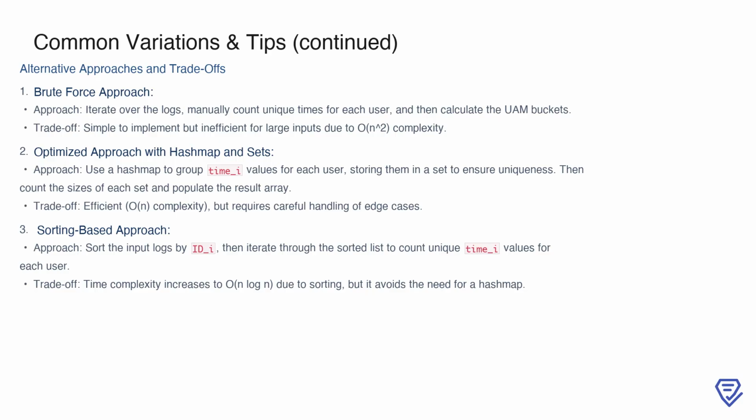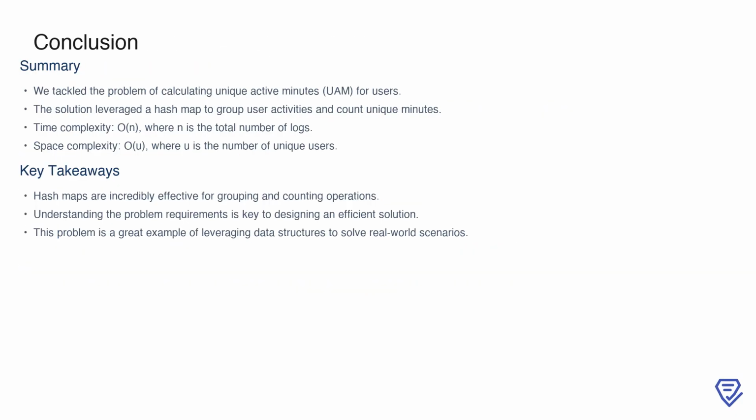Finally, a sorting-based approach involves sorting the logs by user IDs and iterating through them to count unique time_i values for each user. While this method avoids using a hash map, it increases time complexity to O(n log n) due to the sorting step. Each approach has its strengths and weaknesses, so choose the one that best fits the problem constraints and context. Great job!